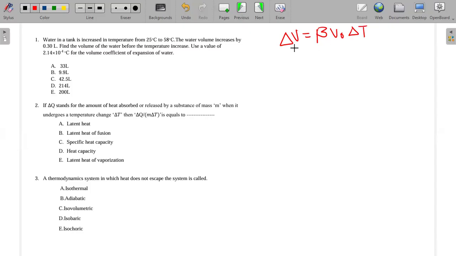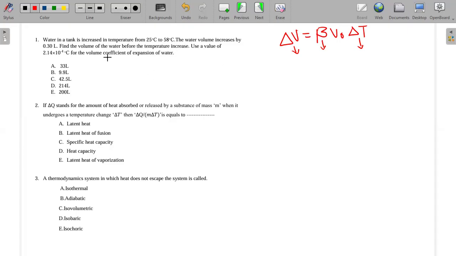They've already given us the change in volume, the coefficient of volume expansion, and the change in temperature, from 25 degrees Celsius to 58 degrees Celsius. So they are looking for the initial volume.